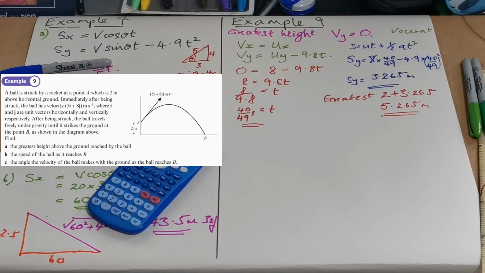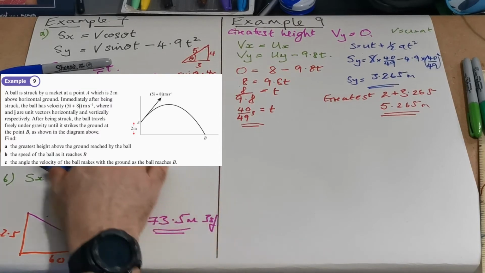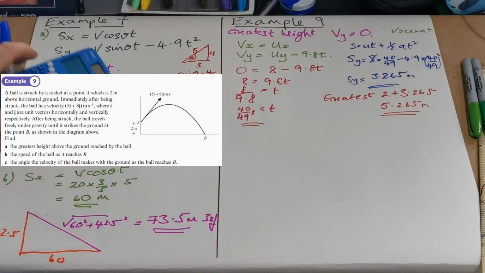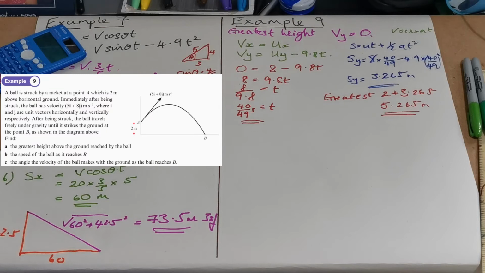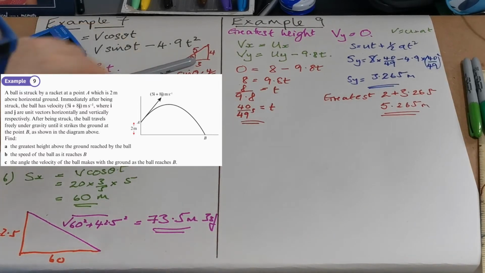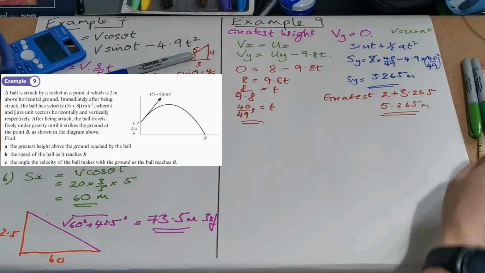Right, I need to find the speed of the ball as it reaches B. So what we need to find is the vertical component of the speed when it reaches B. So I am going to use v squared equals u squared plus 2as for this one.